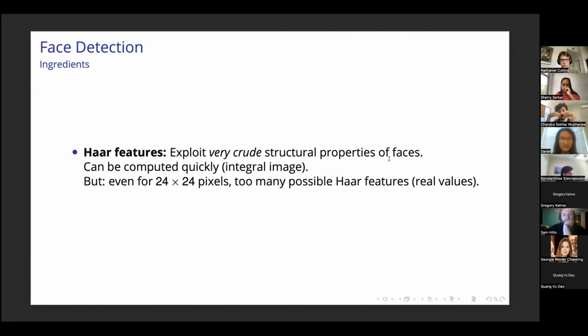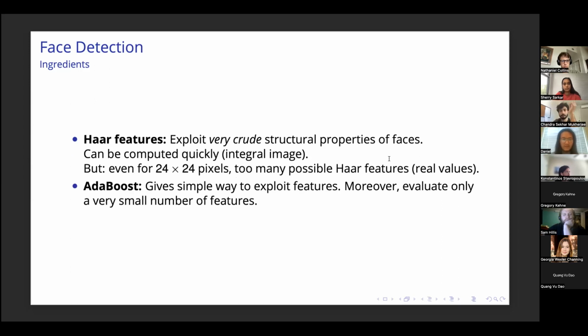And in the training phase, I want to discover the important features. I want to discover which are the places where I could really find a face.